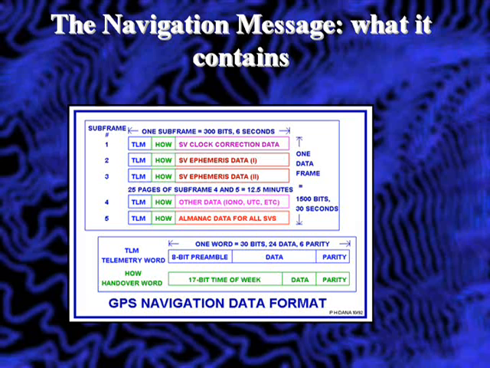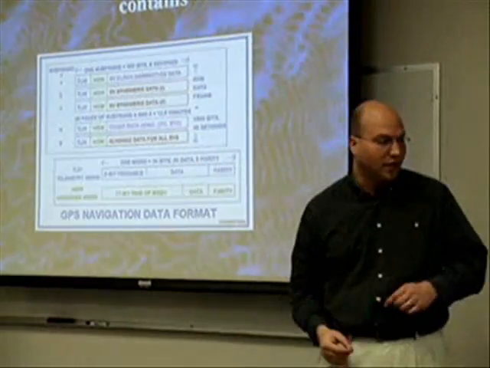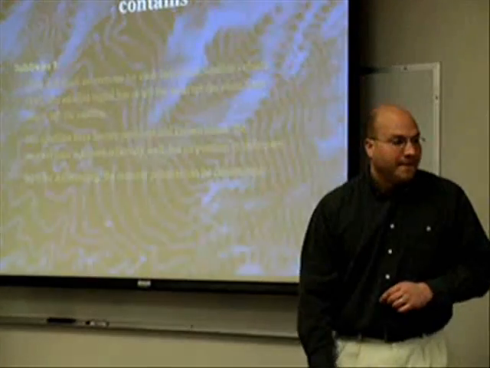So basically, subframes 4 and 5 are not complete; only the first 3 subframes are complete. These ones here are chopped up into multiple blocks. We'll come back to that.